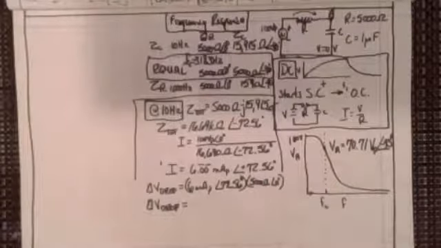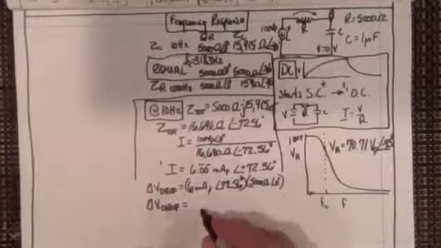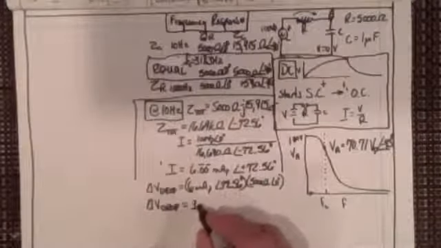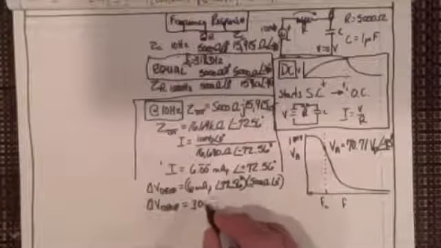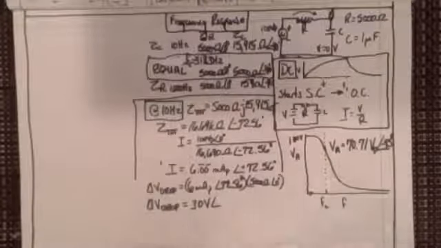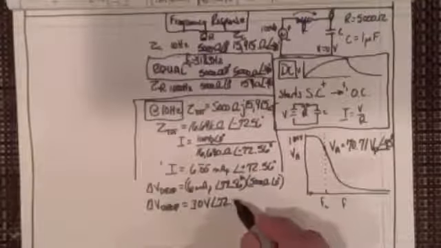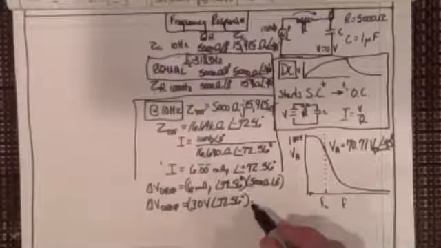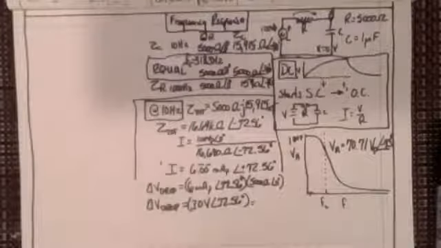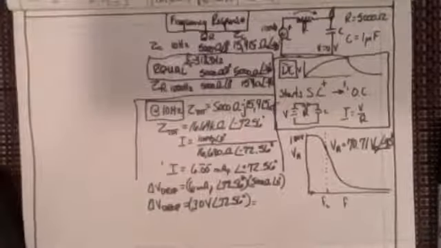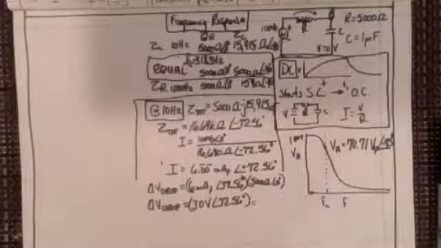And I find out that I have approximately a 30 volt drop. And what's the angle of that 30 volt drop? It's going to be 72.56 degrees, right? If we wanted to, we could break that 30 volt drop down into its two components, because we're going to have to subtract it from 100, aren't we?